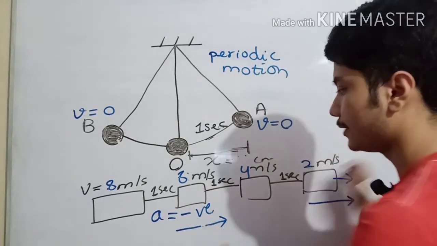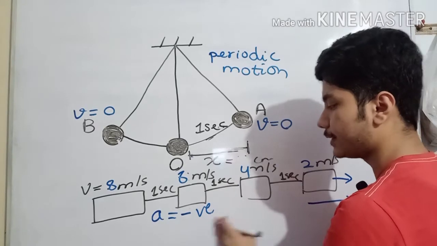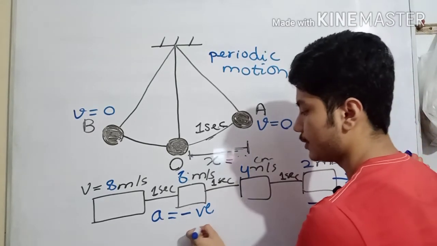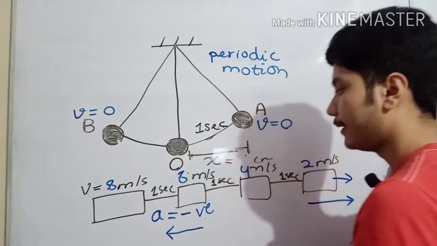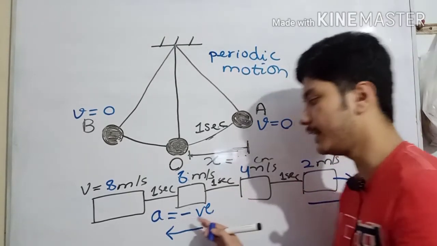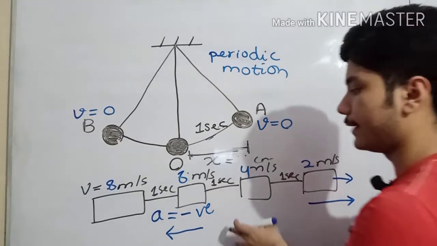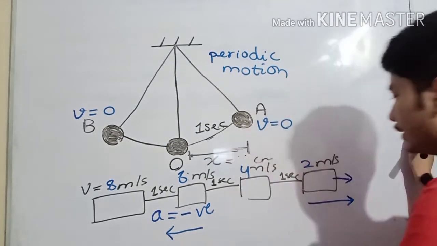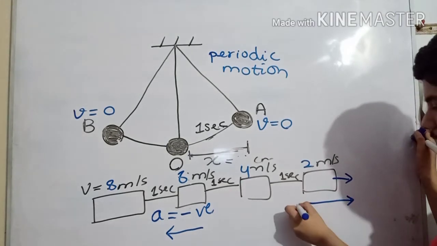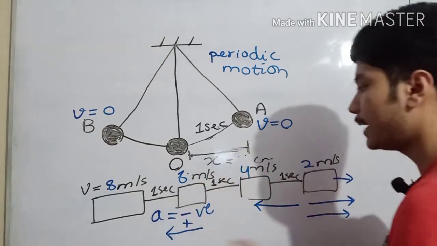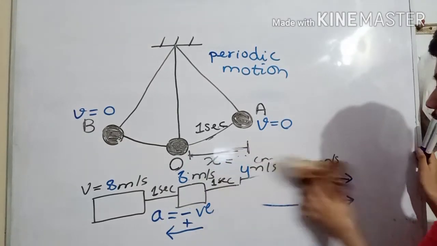The negative sign shows that the direction of acceleration will be opposite to the direction of motion. For example, when the direction of motion is at right, the direction of acceleration will be at left. So this is the concept of acceleration that I am telling you about with the car.